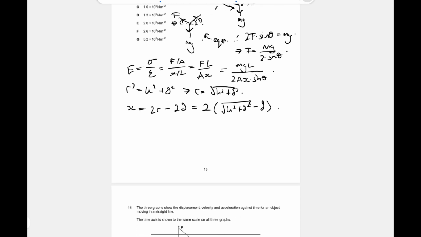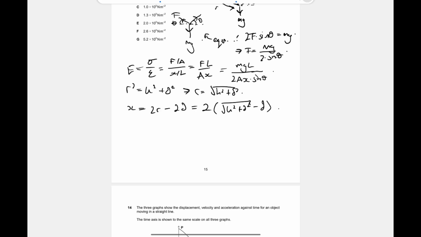So this is what we get. Oh, and we also want the sine of theta. Actually, we'll leave that there.